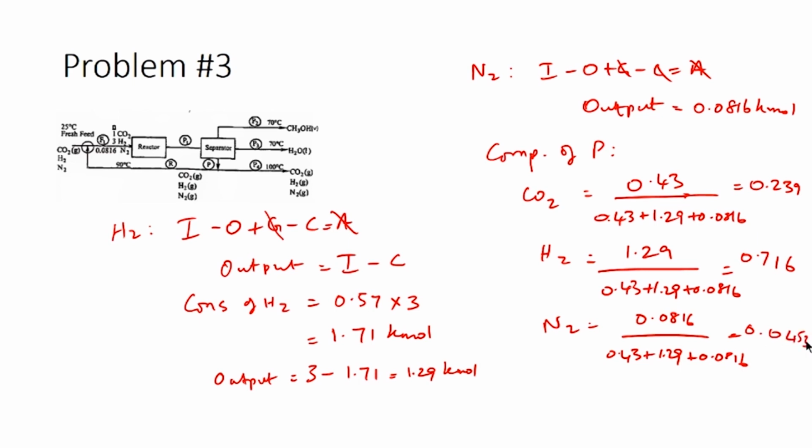So, now we have the composition for the stream P, which in turn gives us the composition for recycle and the purge stream. As it is a splitter, we know that the composition would not have changed.